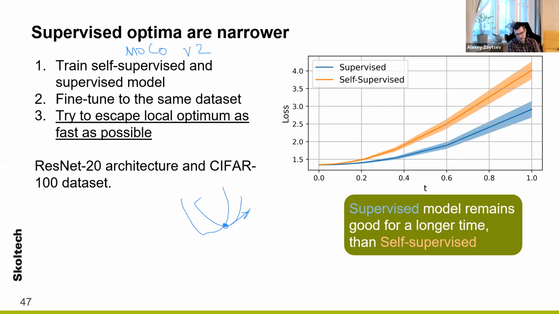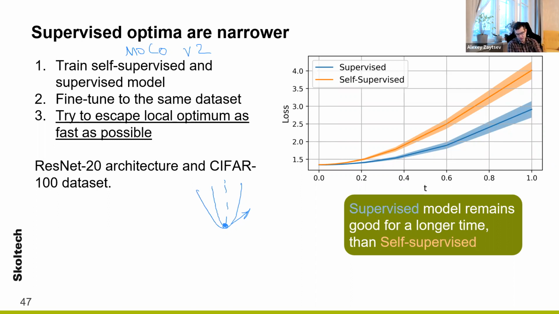We examine the loss as fast as possible by moving in the direction of the derivative, and we see the dynamics of this loss and how fast we escape. And we escape the self-supervised optimum faster.